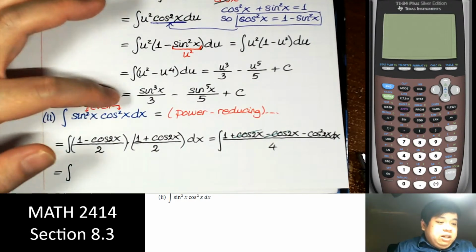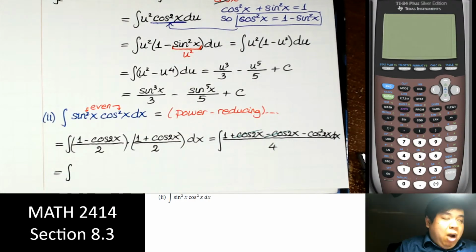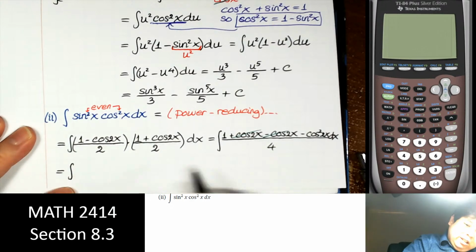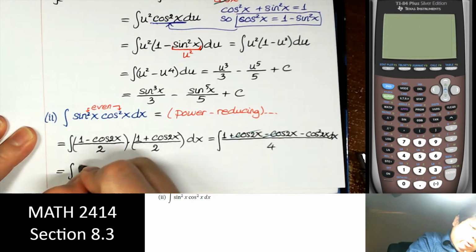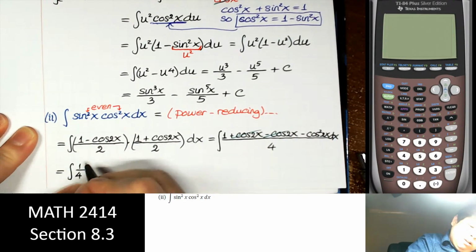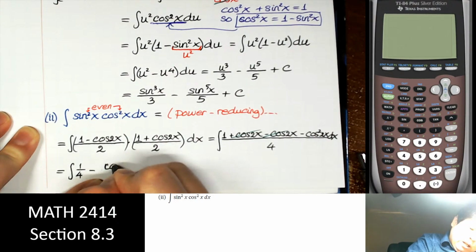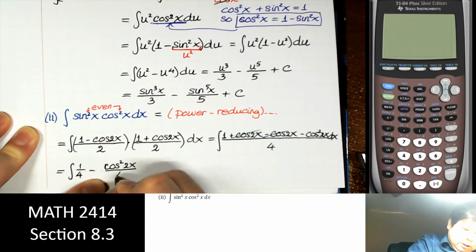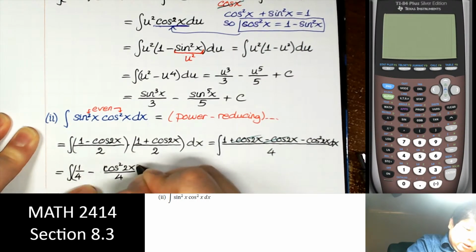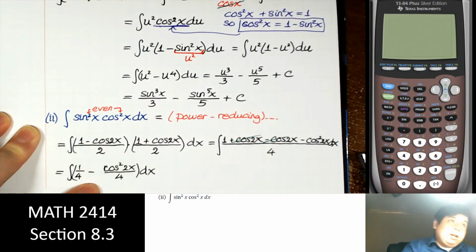So when both of them are even, we have to use the power reducing formula. And we split this, we have 1/4 times 1 minus cosine square of 2x dx.